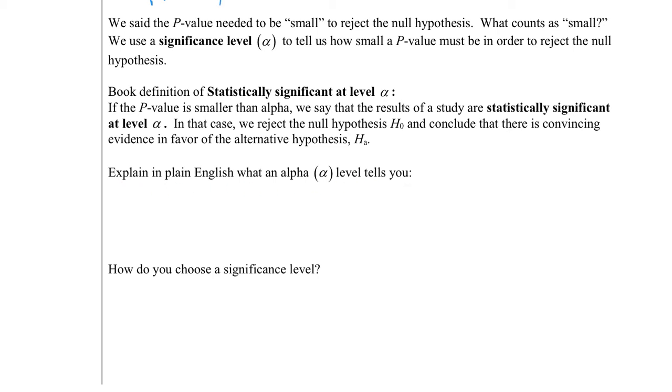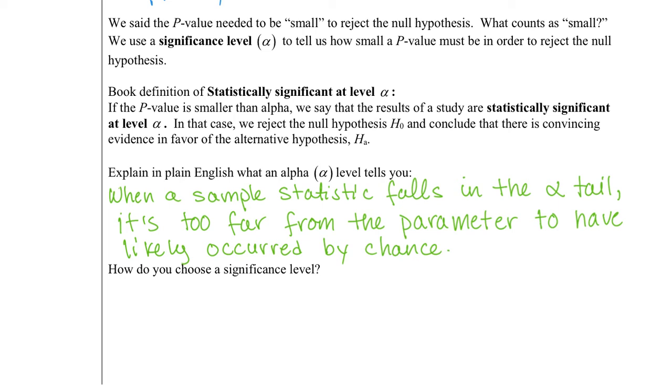So explain this in plain English, please. When a sample statistic falls in the alpha tail, right tail, left tail, or two tails, it's too far from the parameter that we think it is to have likely occurred by chance. So it's just really, really unlikely. So we're going to say, I don't think the parameter is actually true.